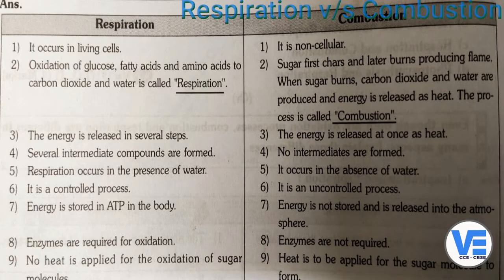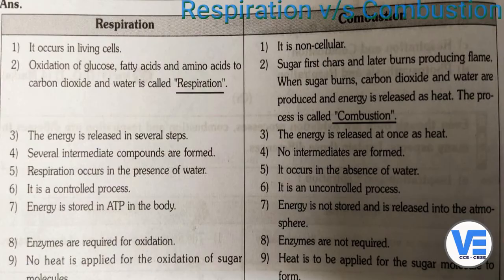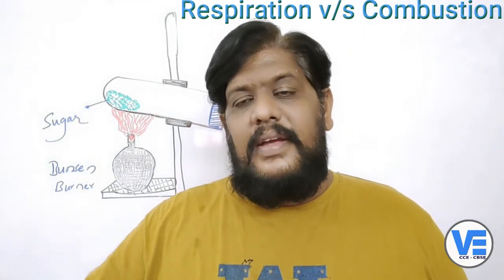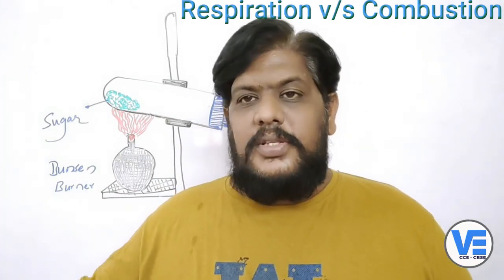In our body, enzymes are required for the oxidation of glucose. If glucose has to get oxidized, we require enzymes. But in combustion, there is no requirement of enzymes. In respiration, you do not apply any heat. That is what we studied in the beginning. You are not applying any heat for the process to start.